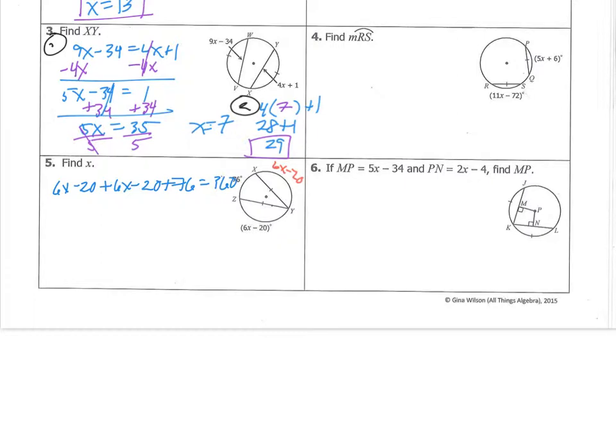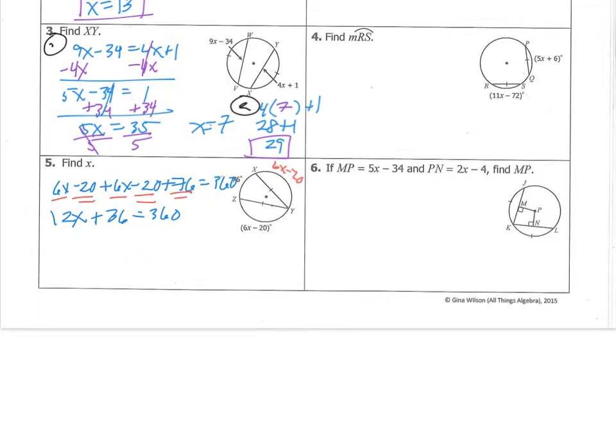So use your algebra. So we've got 6x and 6x gives us what? 12x. And then we have a minus 20 and a minus 20, which is what? Negative 40 and a positive 76. Positive 36 equals 360. So subtract 36 from 360.